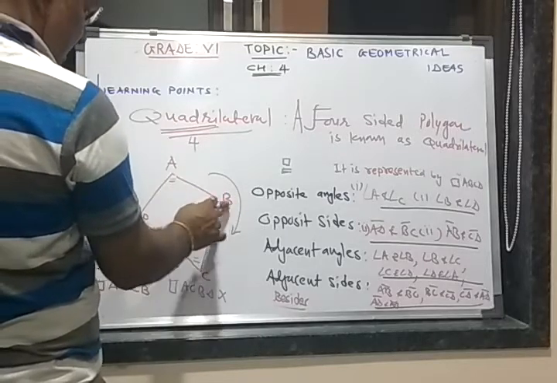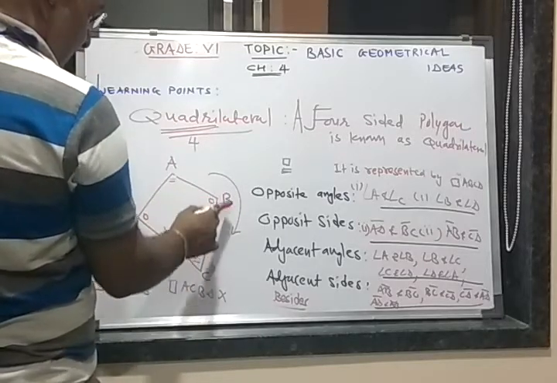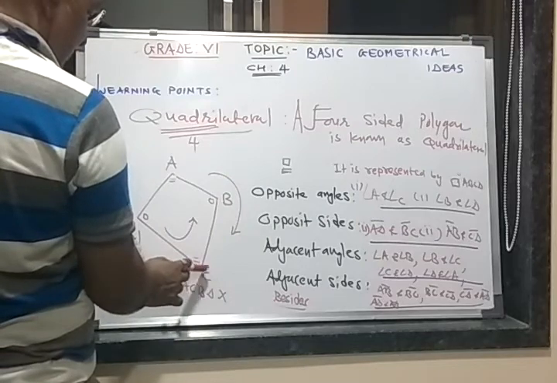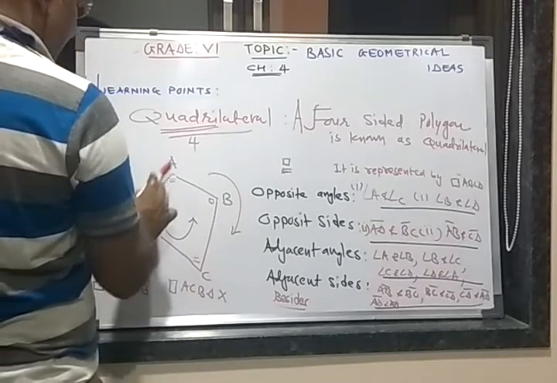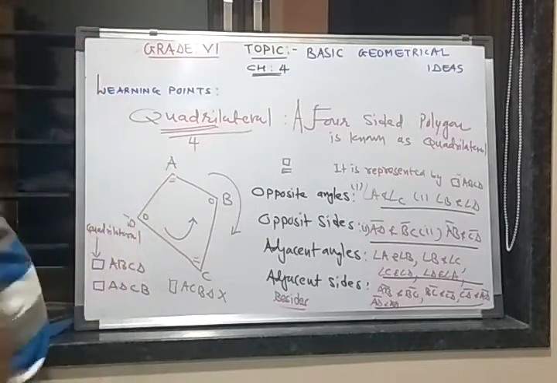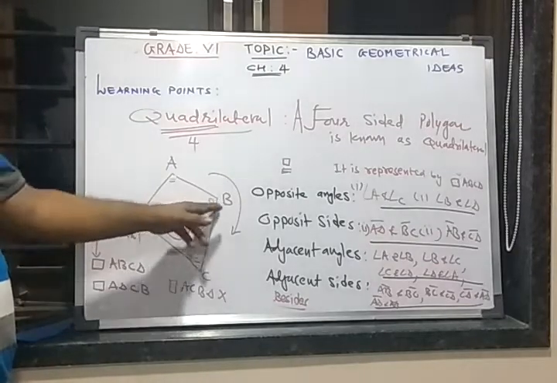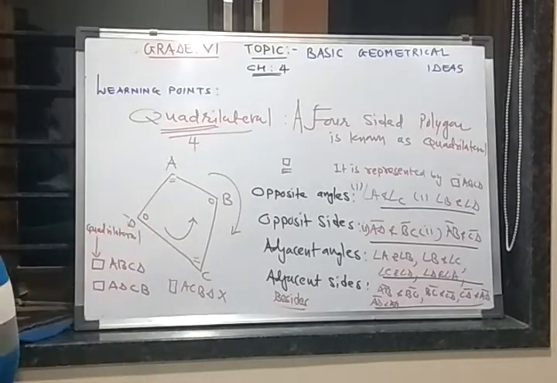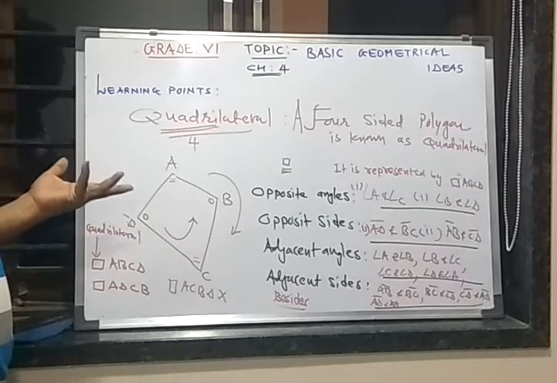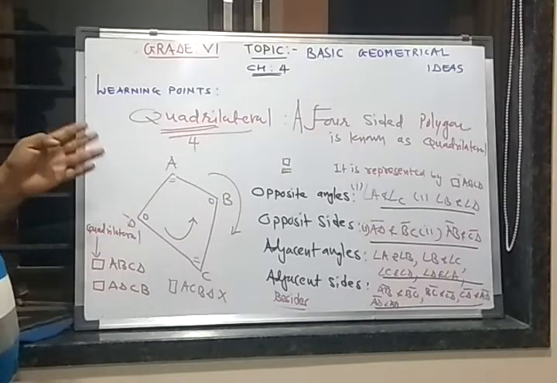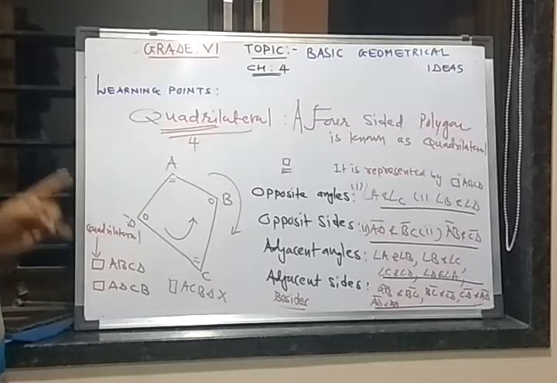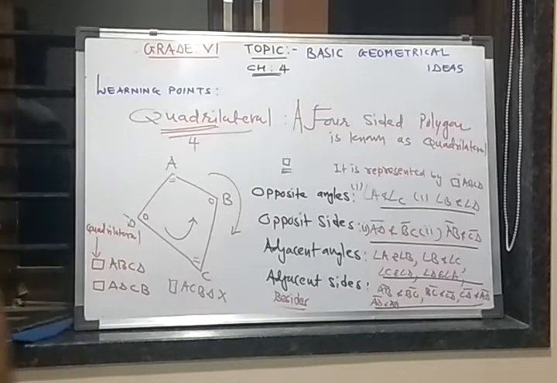You see, AB and BC make an angle over here, BC and CD make an angle over here, CD and AD make an angle over here. Opposite sides are very easy, opposite angles very easy. So this is the concept of quadrilateral, where we can find opposite sides, opposite angles, adjacent sides and adjacent angles.